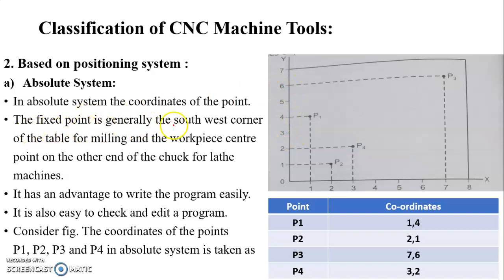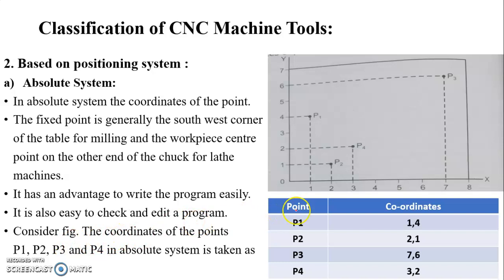The fixed point is generally the southwest corner of the table for milling, and the workpiece center point on the other end of the chuck for the lathe machine. It has the advantage of writing the program easily. It is also easy to check and edit a program.